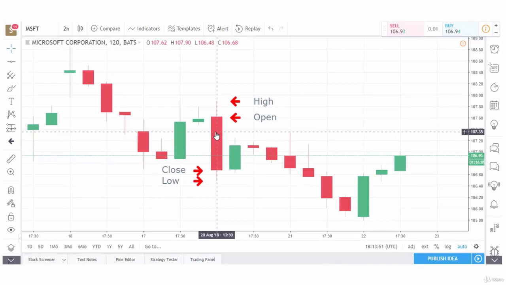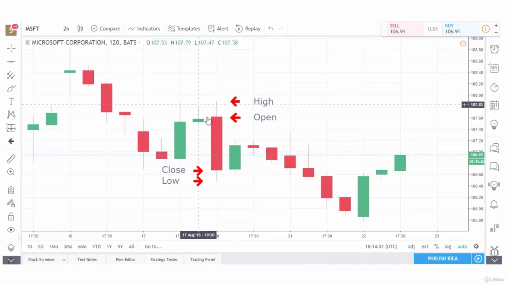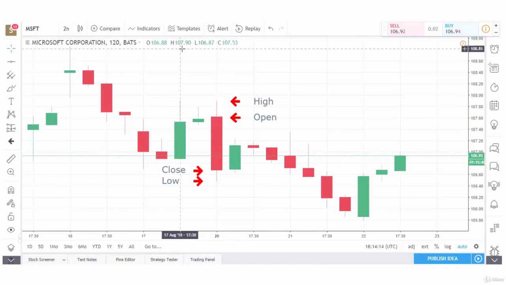The candlestick gives you the open, the high, the low, and the close for the day. So in this particular candlestick, the high for the day is 107.90. It's indicated by the top of the candlestick here. And you can also read the number at the top of the chart here.